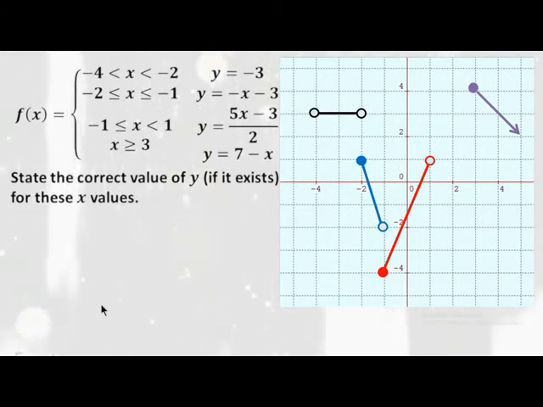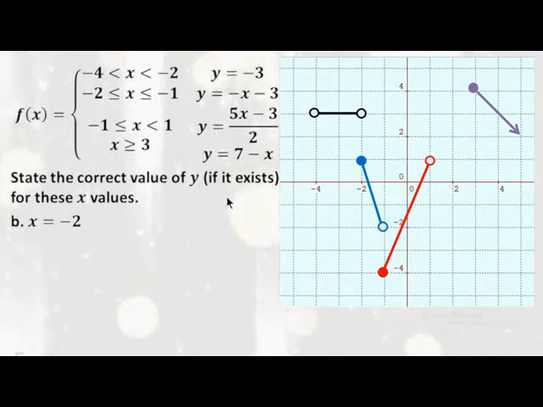Next, how about the value of x equal to -2? What is the value of y? -2 is here. If you make a straight line, it will touch these two straight lines, this line and this line. So which one are we going to use to define the value of y?